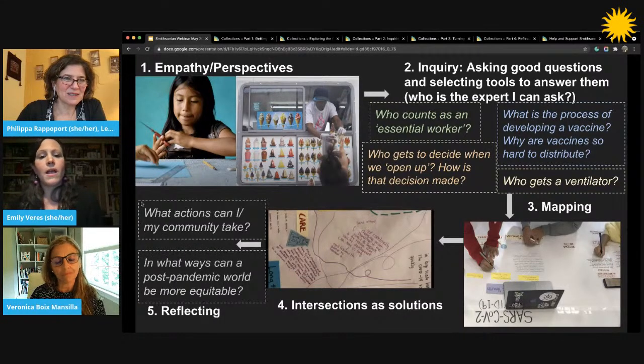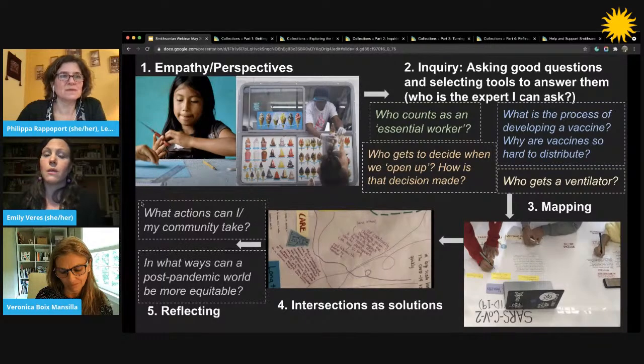And then from there, I asked them to develop a good question, to think about what it was they wanted to explore, what they were curious about, and then consider, who could I ask in order to answer that question? What expert do I need to look towards? And what resources could I use that are reputable?